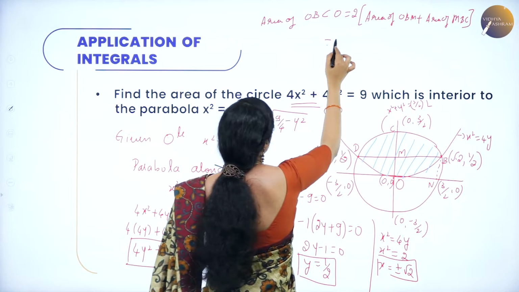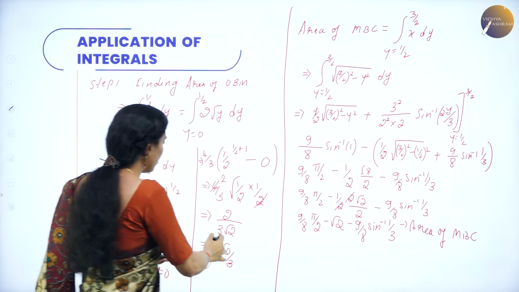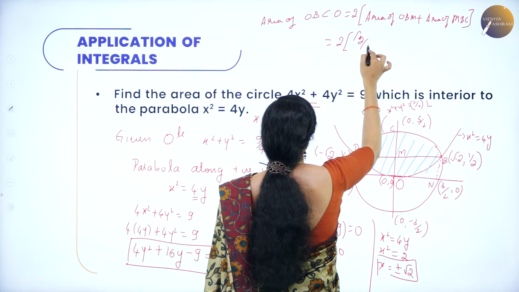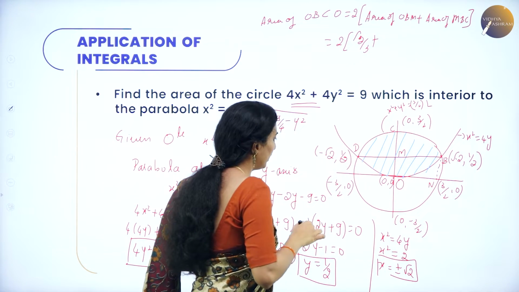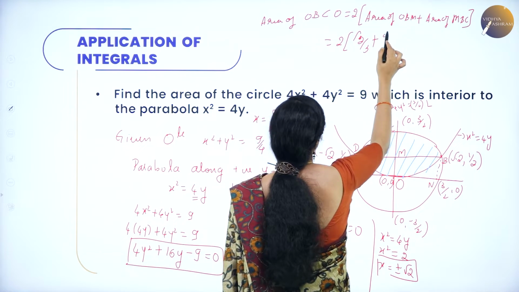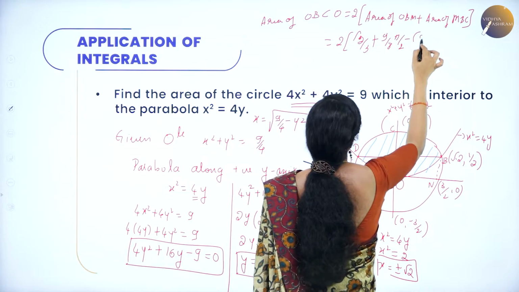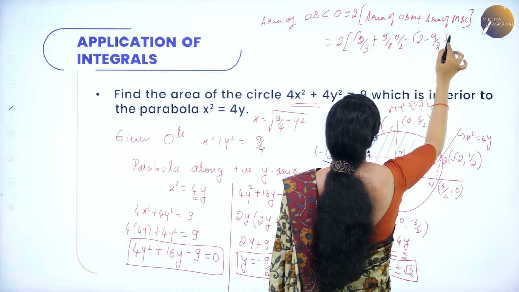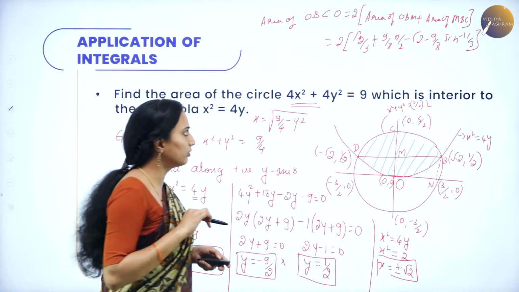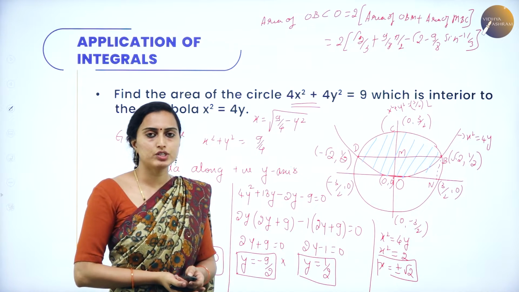So let us calculate this. 2 times of area of OBM we have calculated, which is equals to root 2 by 3. So which is root 2 divided by 3 plus, you can calculate this. So we have calculated already this. Let us substitute that. 9 by 8 into pi by 2 minus root 2 minus 9 by 8 into sine inverse of 1 by 3. And this is your answer. You can write, otherwise you can simplify that one. That's it. Okay. I hope you understood this method.